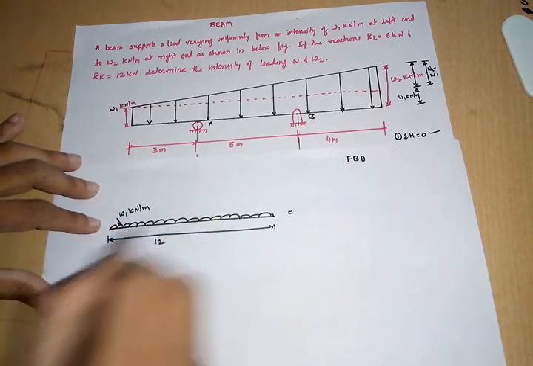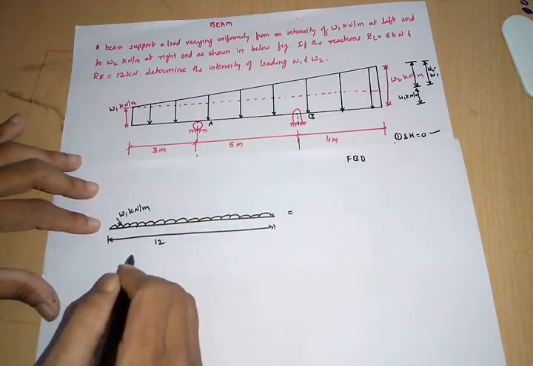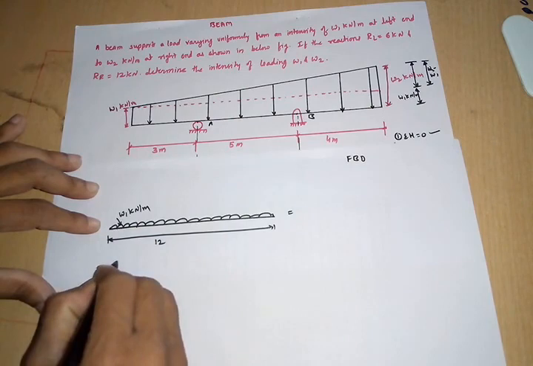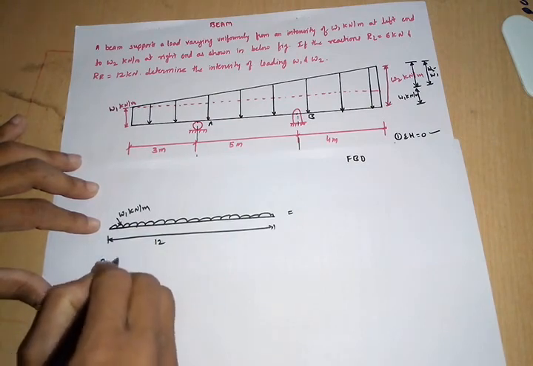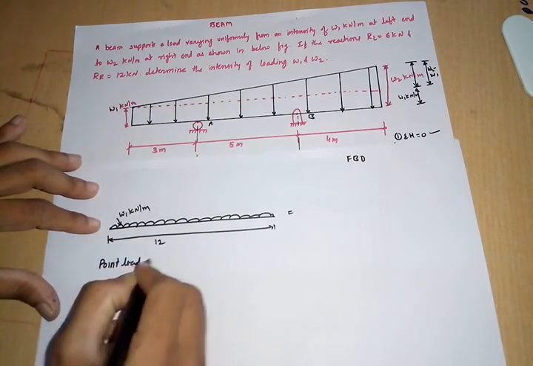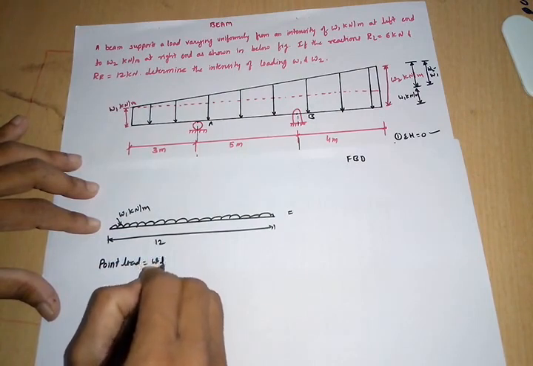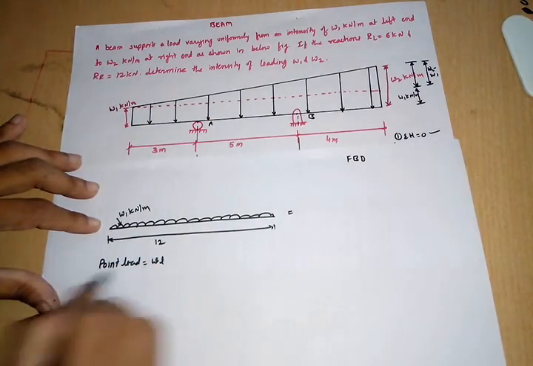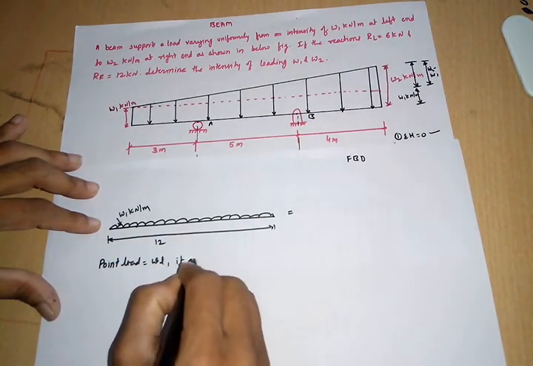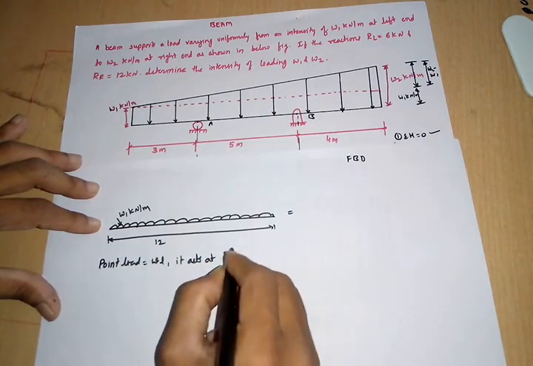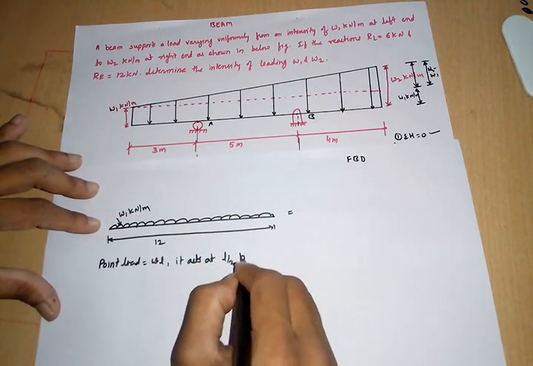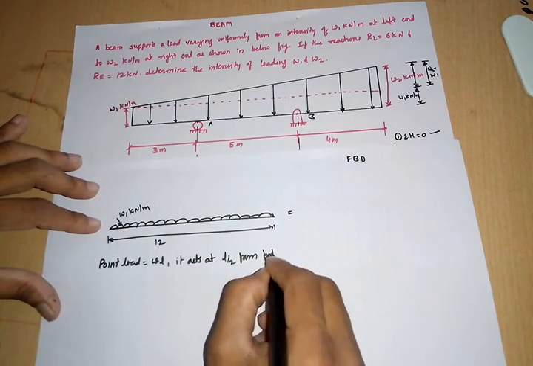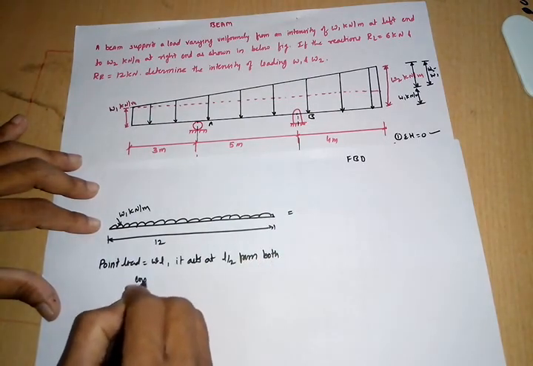The given loading system is a UDL, so the point load is equal to W into L. Where does it act? At L by 2 from both ends.